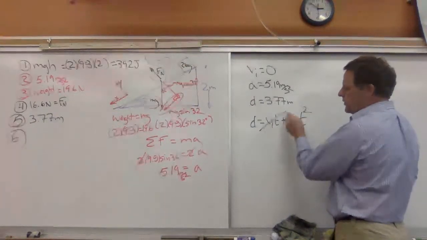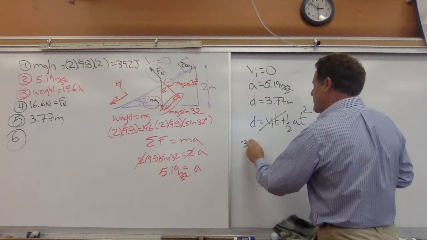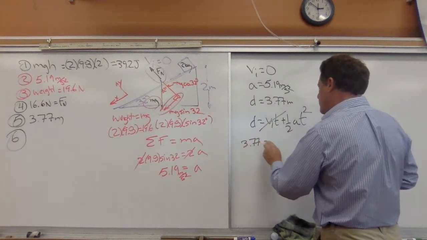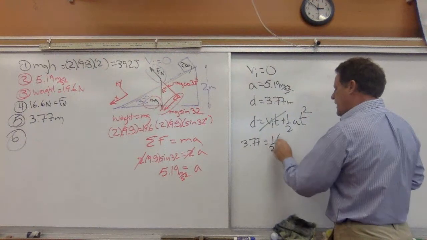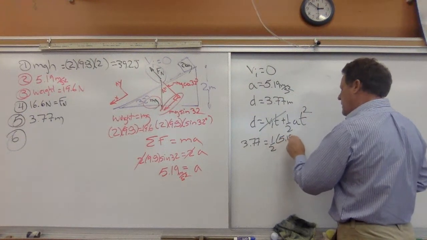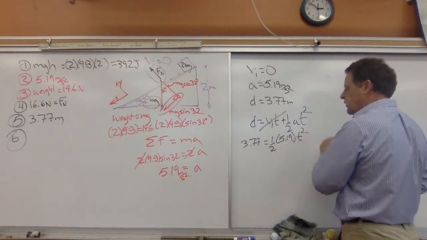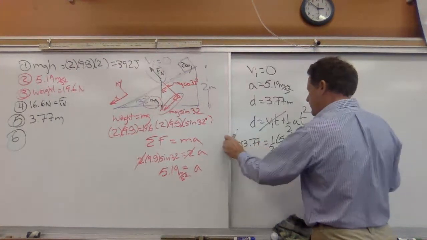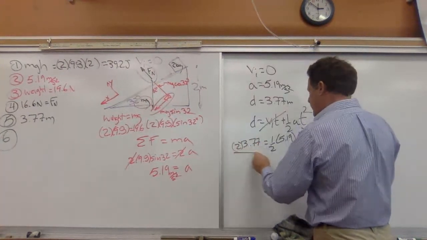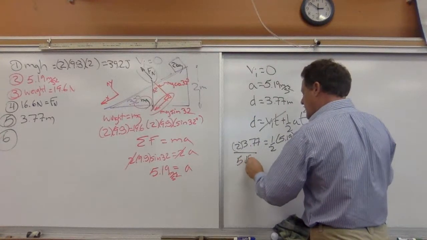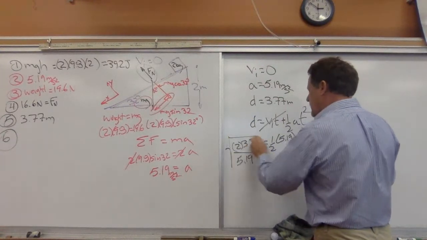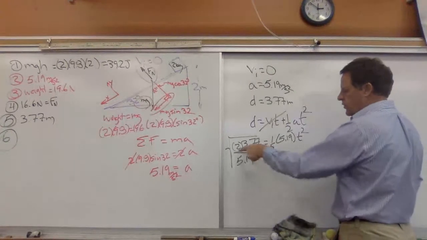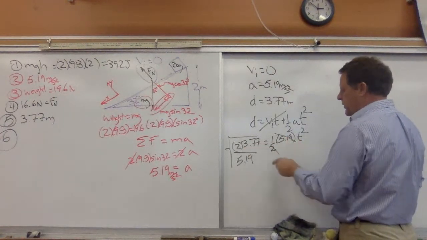So remember, the initial velocity is 0, so we got 3.77 is equal to 1/2 of 5.19 t squared. So we're going to multiply that by 2, and we are going to divide by 5.19, and then we're going to take the square root. So the 2 went up there, the 5.19 went up there.